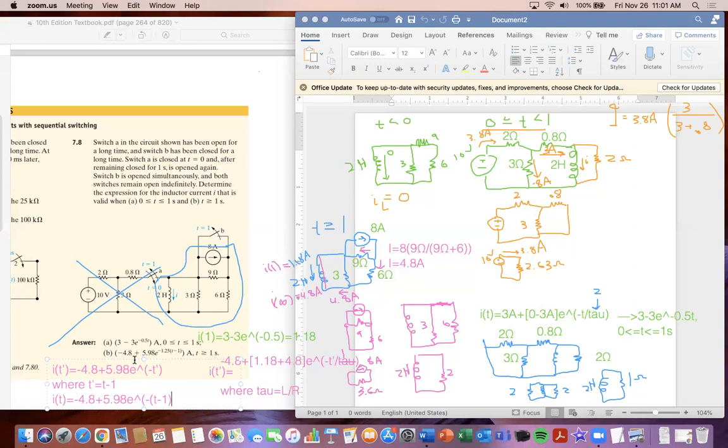That opens, so you don't see that, but you see 0, then that opens, so that would be 3 times 6 over 3 plus 6, 2. Let me see how they got that. Everything else in the equation's right. It's just the tau value.